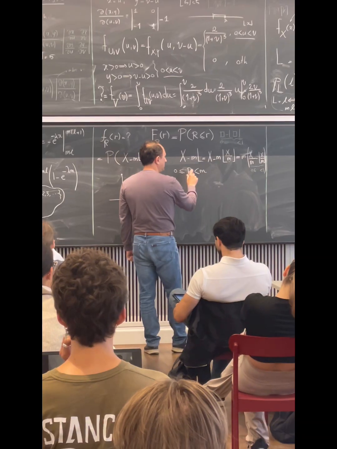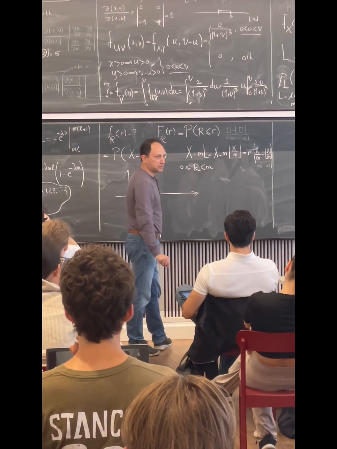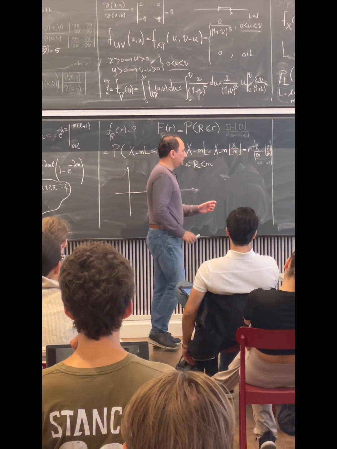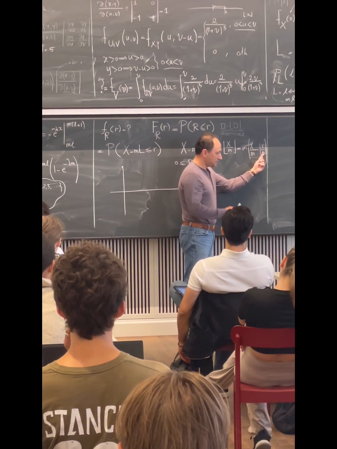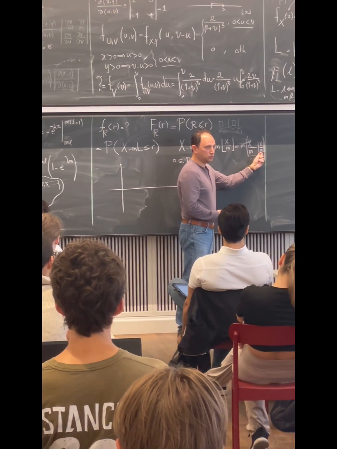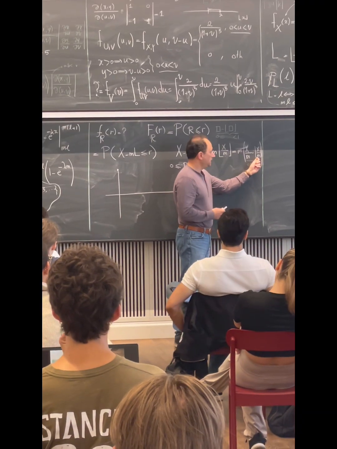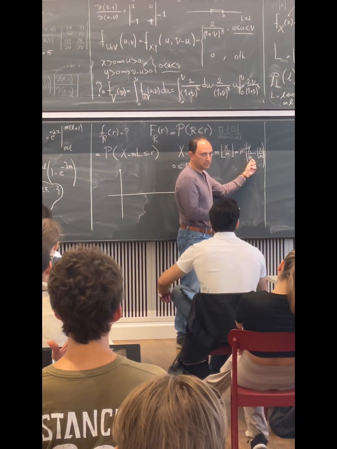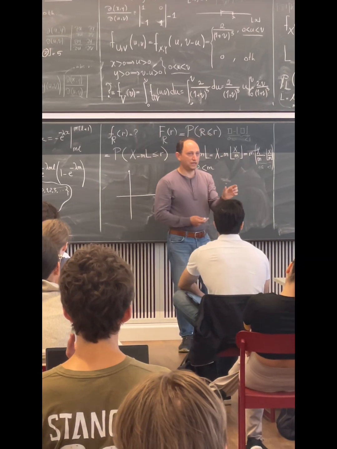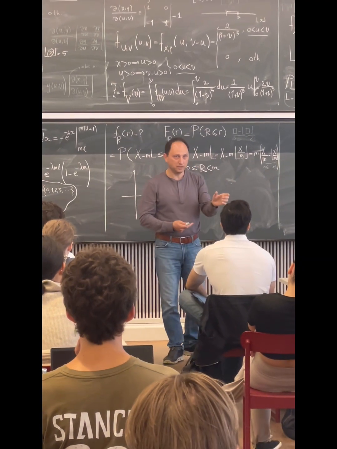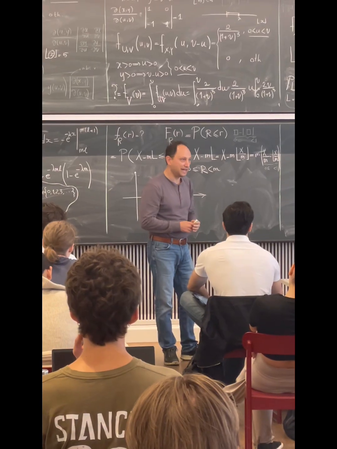If x is between 0 and n, what happens? If x is between 0 and n, x over n is less than 1 and positive, so the floor becomes 0. x over n survives, and when you multiply it by n, it becomes x. So if x is between 0 and n, this function is just simply x.